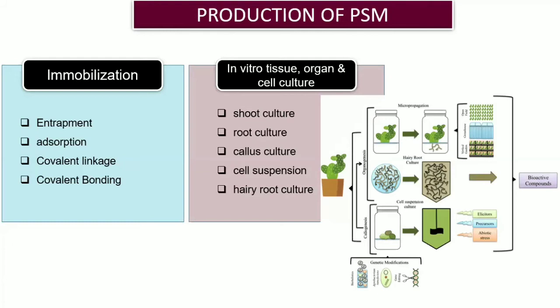First, we select the plant of interest. Second is the initiation of in vitro culture, where we require small pieces of plant, which we call explants. Then we incubate the explant with culture media for a period of time, and lastly, we transfer it to the reactor.